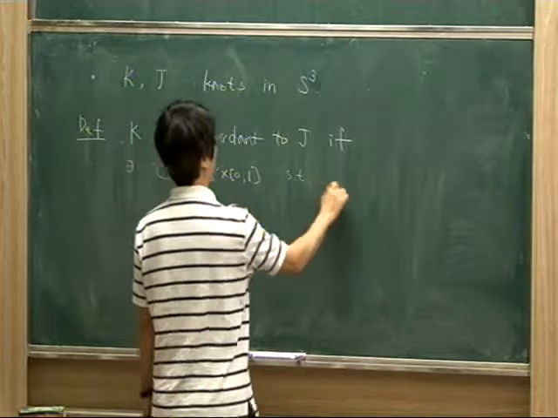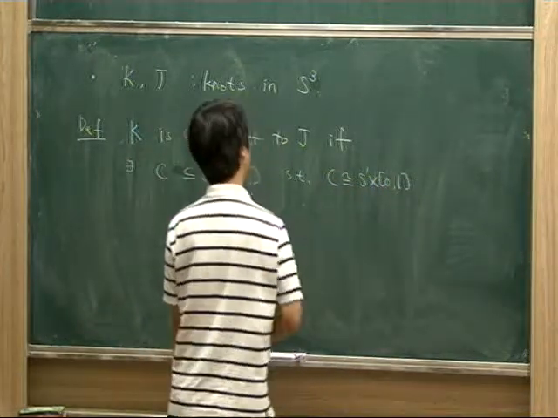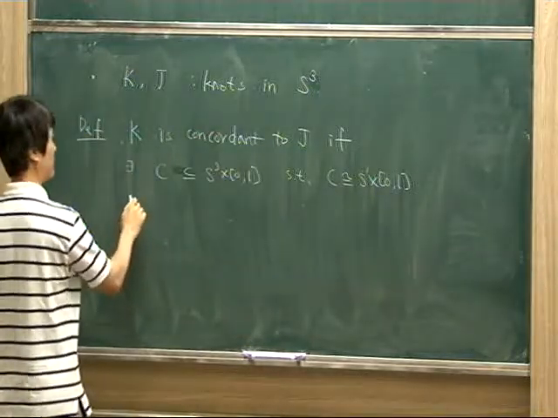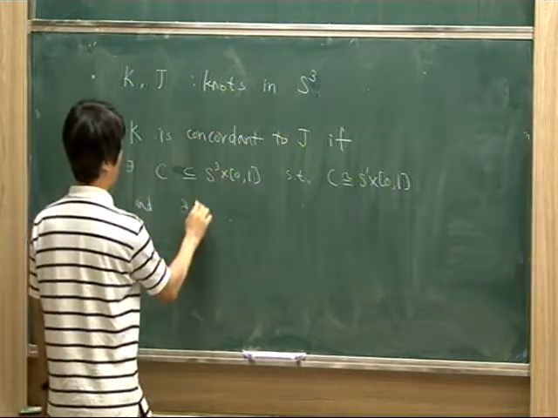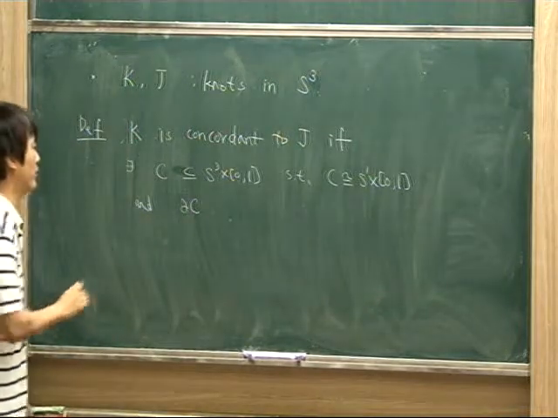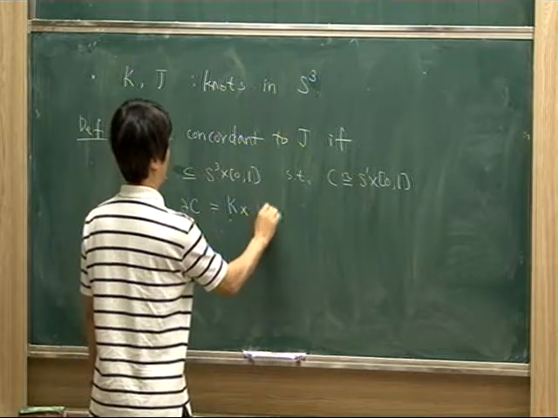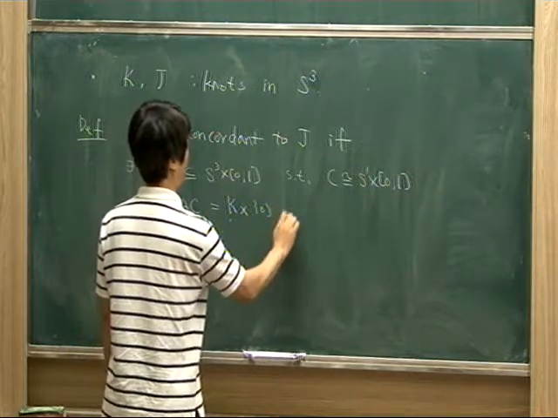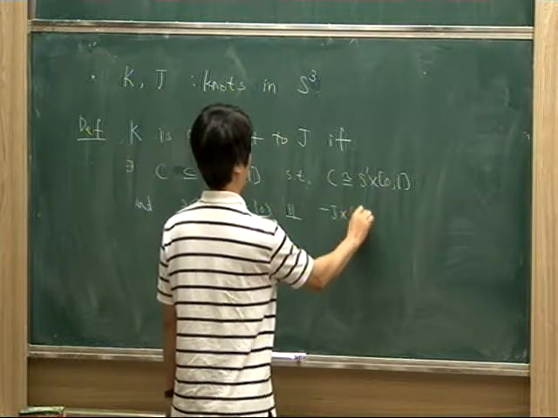So this is the annulus such that on the boundary it gives us both knots. So the boundary is the union of K times 0 and minus J times 1.